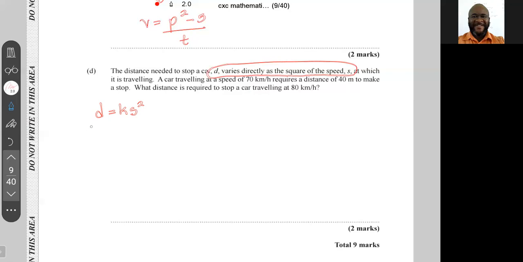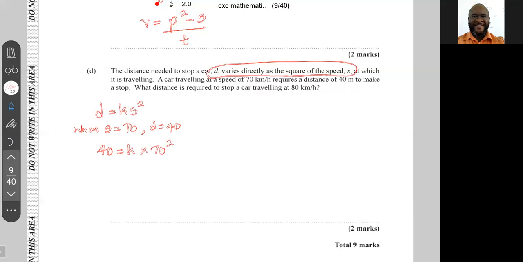So what that is saying is that when S is equal to 70, D is equal to 40. Step two says we must be given a value of S and D so that we can calculate K. So D is 40. 40 is equal to K times S, which is 70 squared.